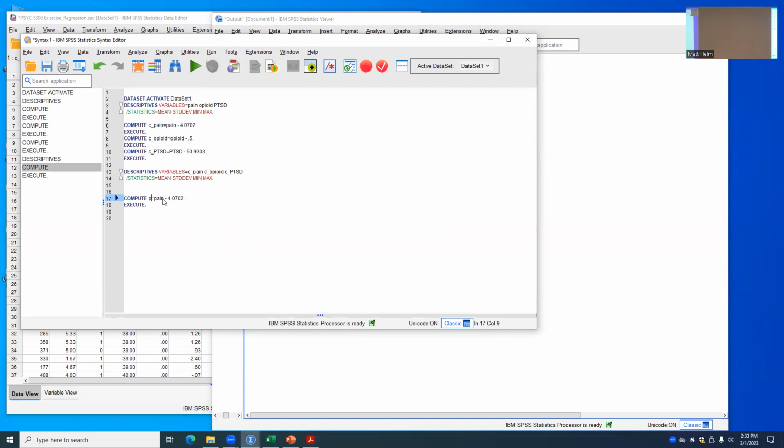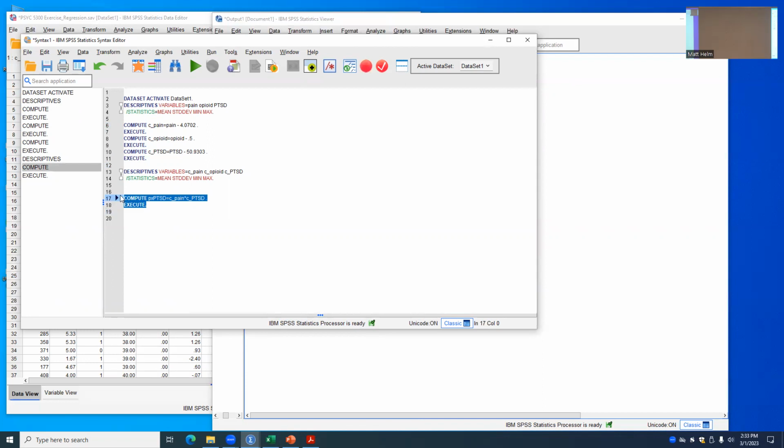So I'm going to say pain times PTSD is going to be equal to the product of its centered pain value times my centered PTSD, making sure I got my decimal point there at the end, okay?